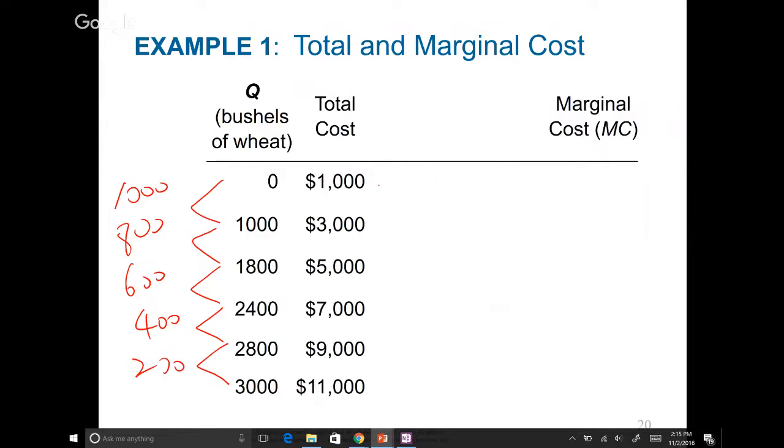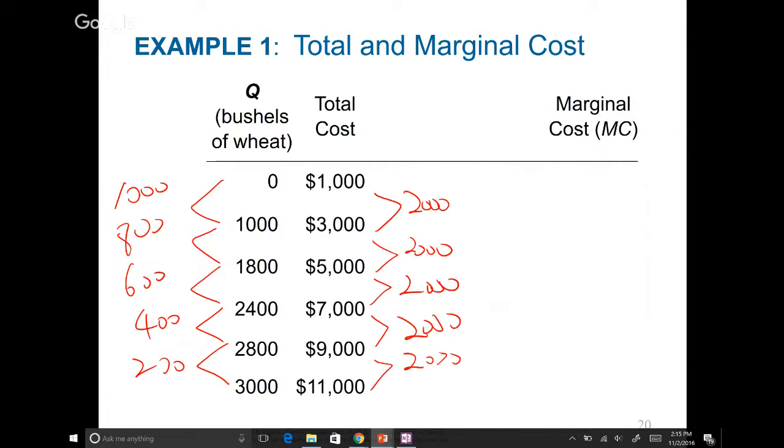And then change in total cost. So 2,000 for the first level, 2,000, 2,000, 2,000, and 2,000. So the marginal cost is your change in total cost divided by change in quantity.